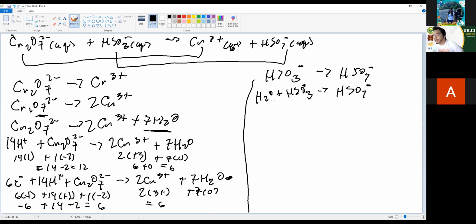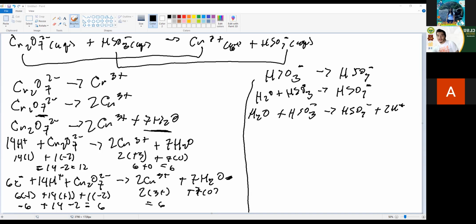So ngayon, we will add hydrogen. So dito, ang hydrogen is 3, dito isa lang. So mag-a-add tayo ngayon ng hydrogen sa right side. So H2O plus HSO3 negative will yield HSO4 negative plus 2 hydrogen. So okay na. Balance na yung hydrogen, balance na yung sulfur, balance na yung oxygen. So 3 hydrogen, 3, isang sulfur, and then 4 na oxygen.